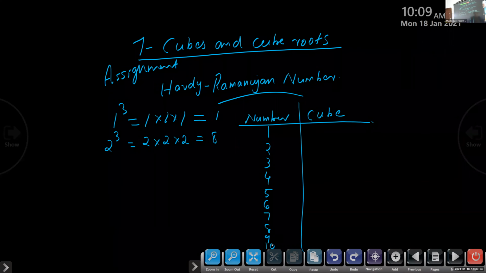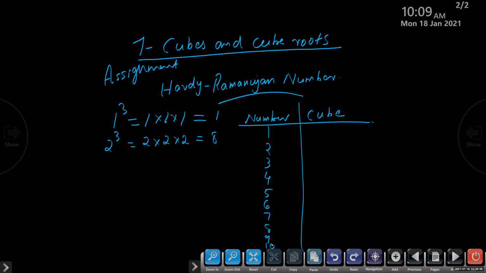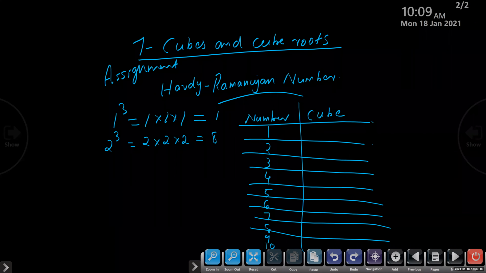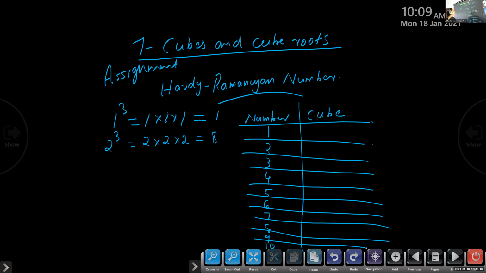Do it now, and write the cube of all these numbers. 1 cube is 1, 2 cube is 8. Find 3 cube.